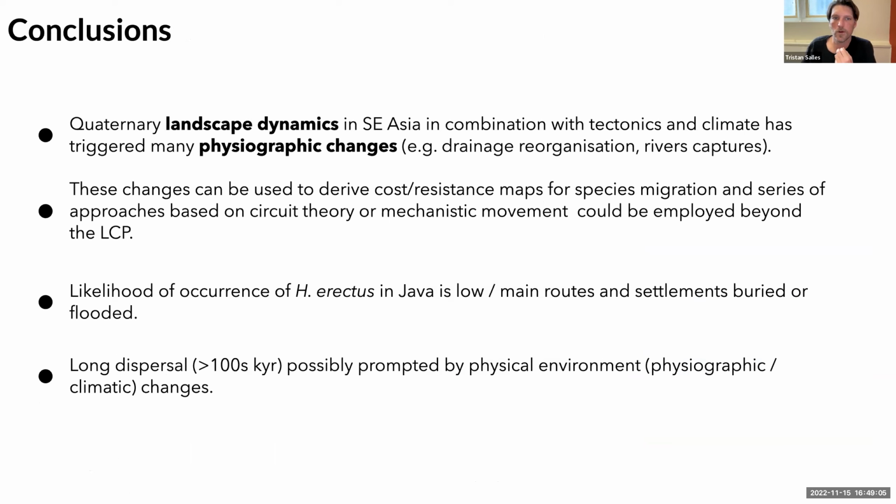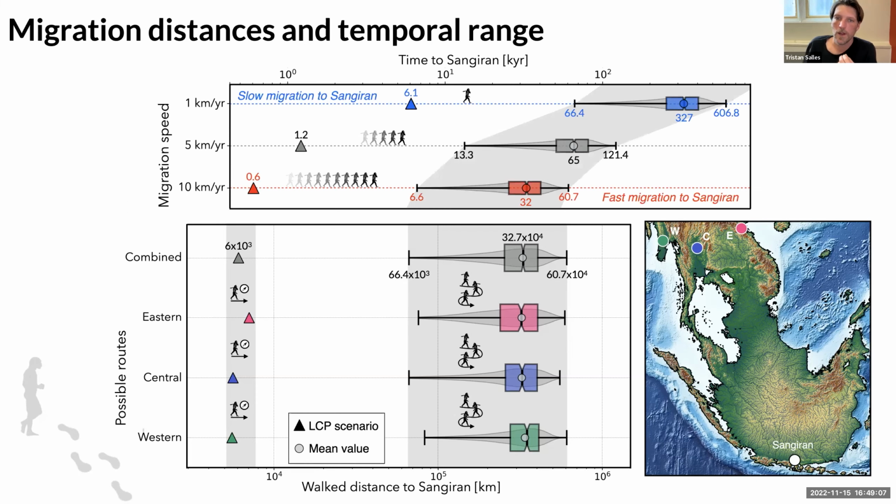And what you can do, if we have an idea of the migration speed of Homo erectus, is get a range of the time it took to move from the northern point to the southern part. There is a range of estimates: a fast migration, about 10 kilometers per year, and a slow migration, about 1 kilometer per year.